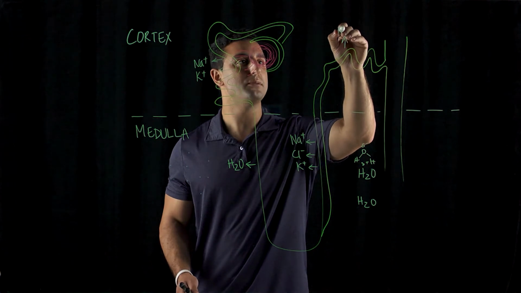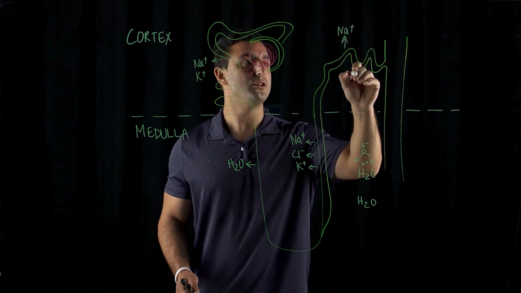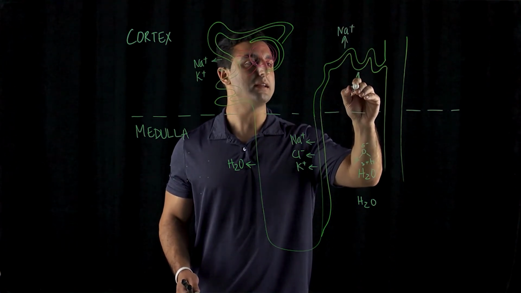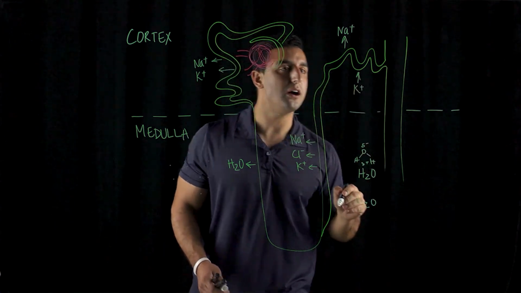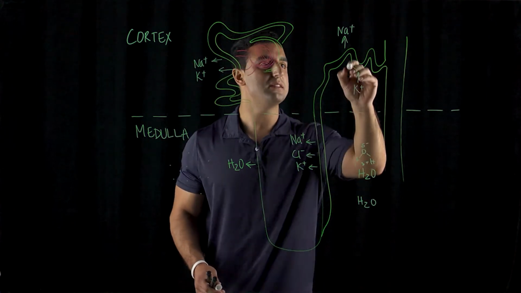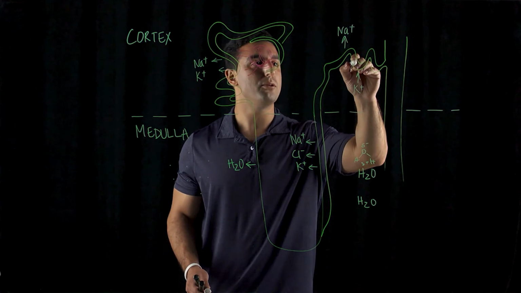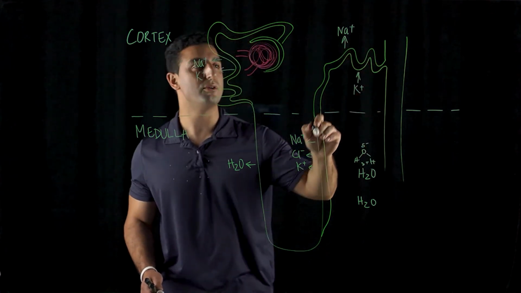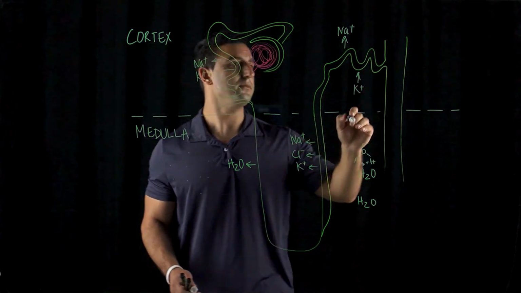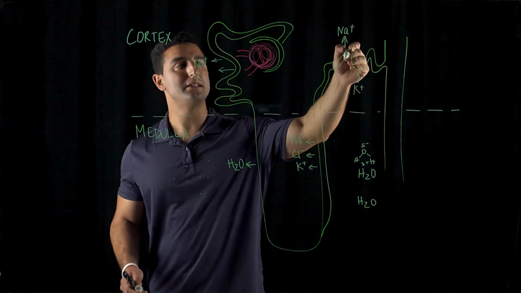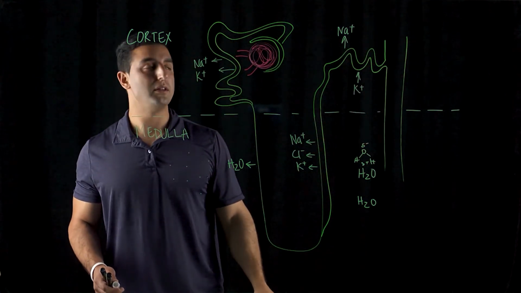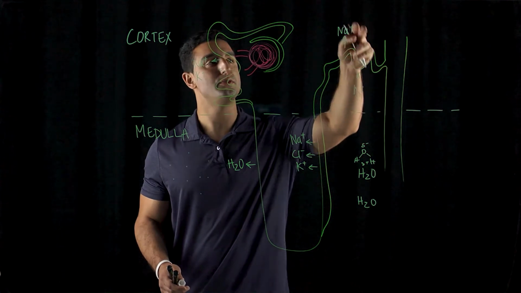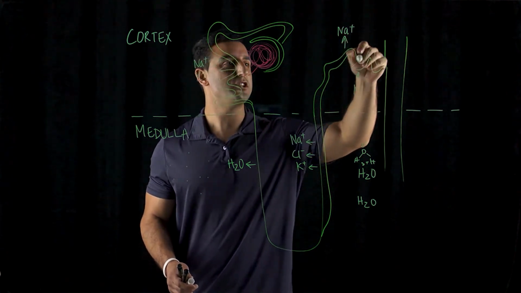Sodium can come back in, but also, if you remember, potassium goes back into the distal convoluted tubule, which was the antiport that exchanges sodium for potassium. What was the hormone that binds to this region? Aldosterone. Aldosterone binds to this region and regulates this, and eventually the urine goes out.